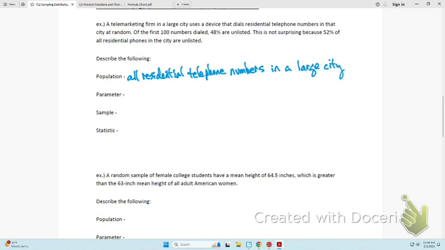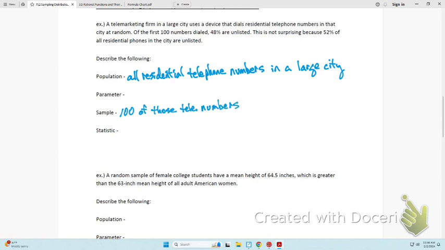The sample, let's skip parameter for a second. The sample is 100 of those telephone numbers.